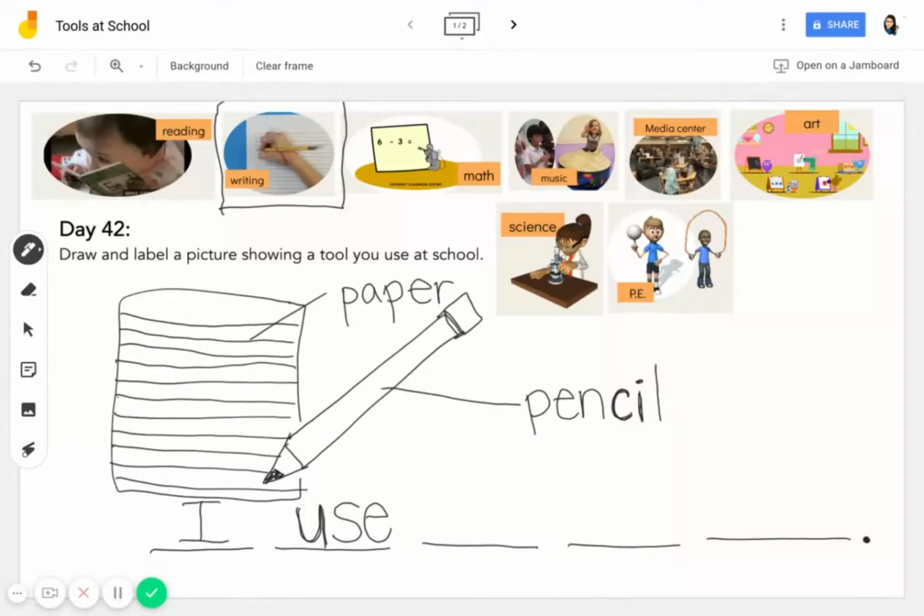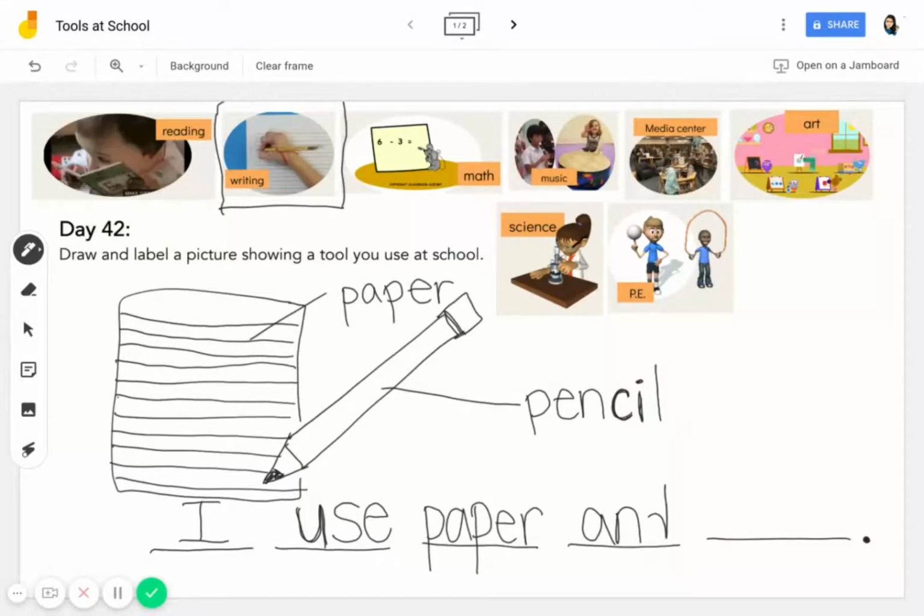So let me reread my sentence so far. I use, and I said I use paper. I already wrote that right there. And is one of my sight words, but I can also sound it out.